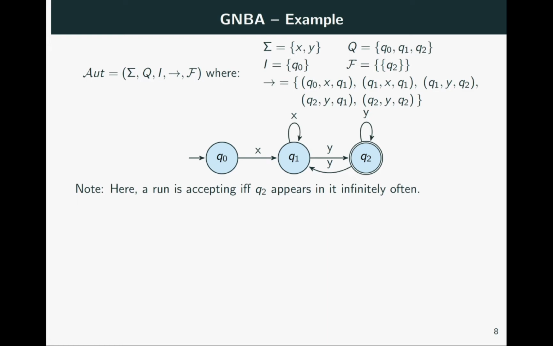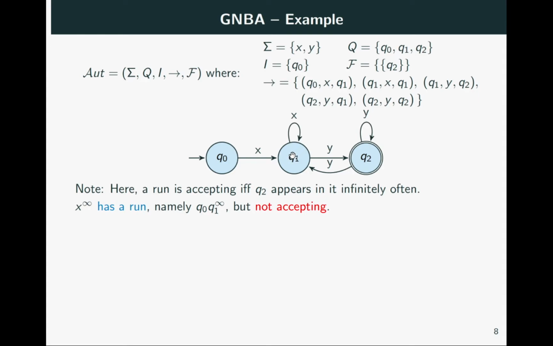Let's now consider some examples and non-examples of runs and accepting runs. The word that just repeats the letter x infinitely, written like this, x to the infinity, has a run, namely q0 followed by q1 repeated infinitely.